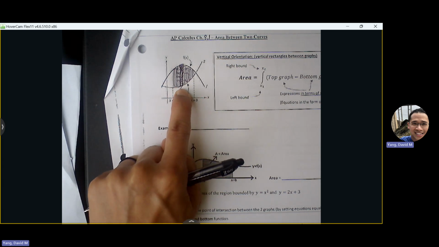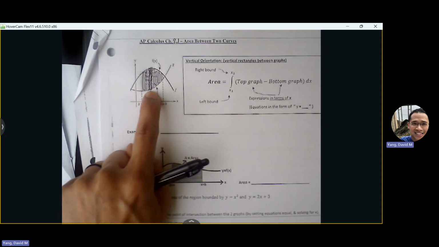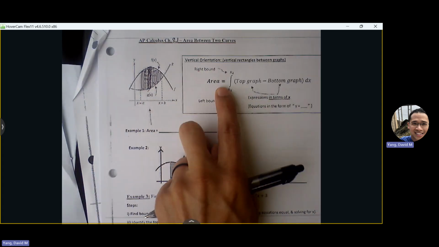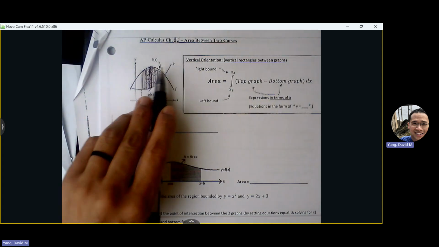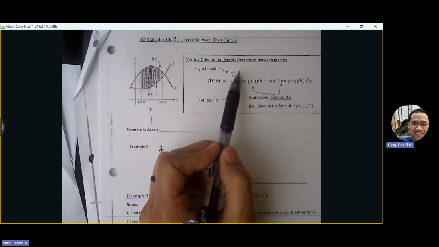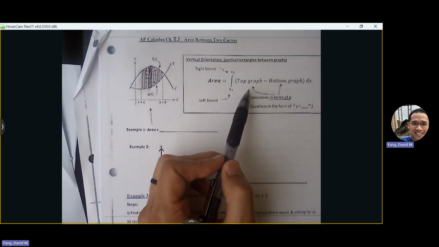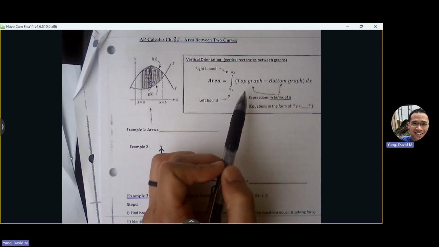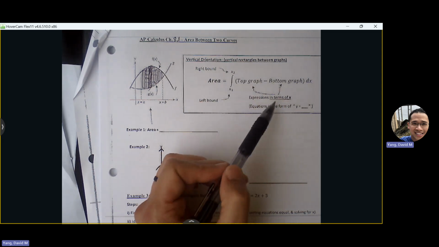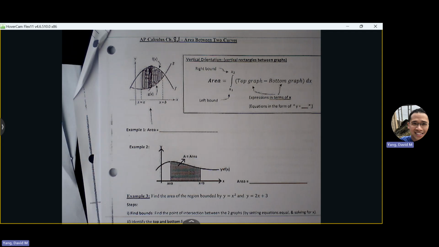And whatever the bottom of the rectangle is touching, that's going to be your bottom graph. And then our bounds is going to be from left to right. So we're going to go from x sub 1 to x sub 2, and we're accumulating all these vertical rectangles of various heights. And if we set this up, we can just make the calculus procedure give us an answer that will get us the area.